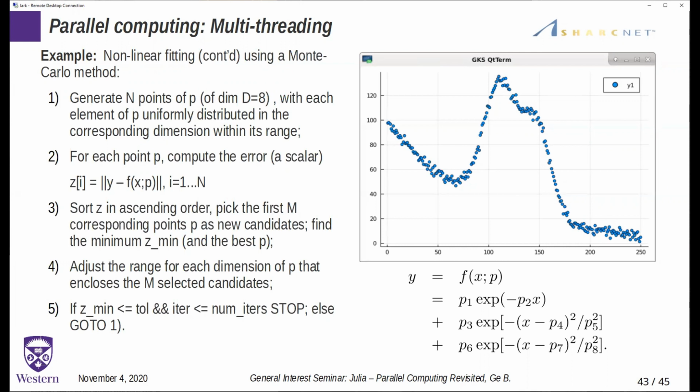Then we sort Z in ascending order, pick the first m corresponding points P as new candidates, and find the minimum Z. Then we arrange for each dimension of P to enclose the m selected candidates. If the stop criteria are met, we stop, and otherwise we continue.